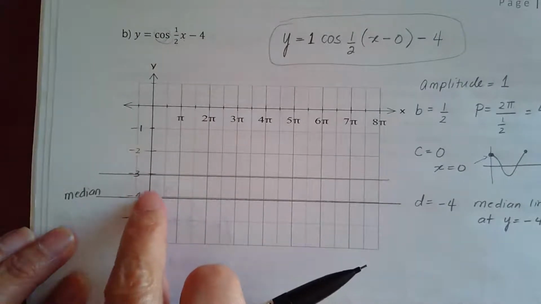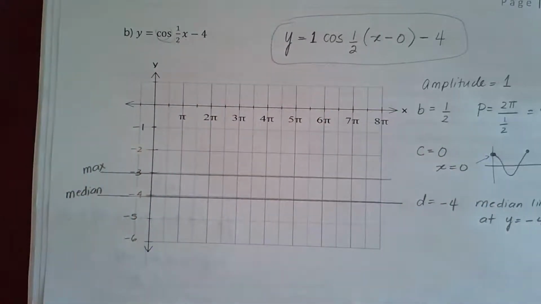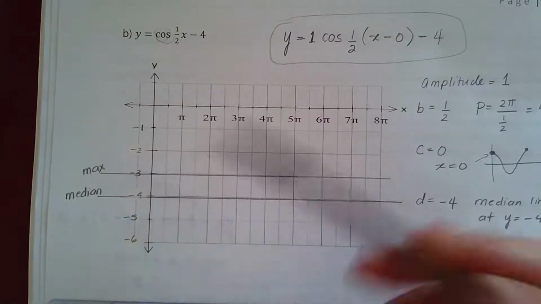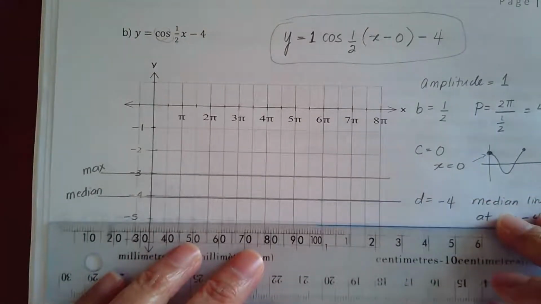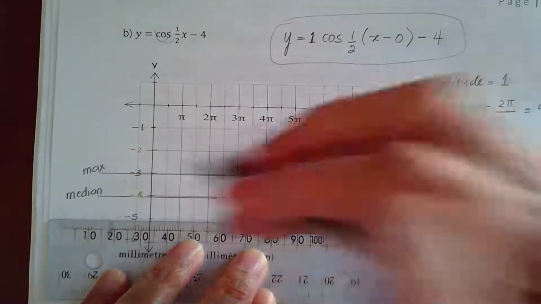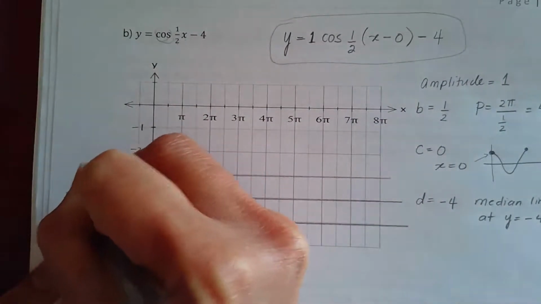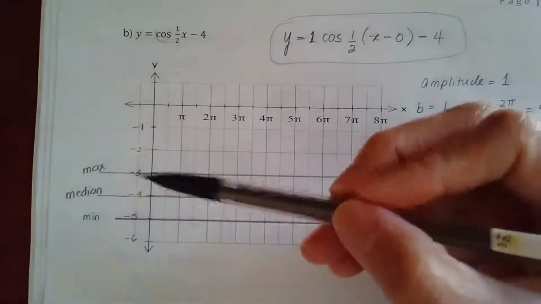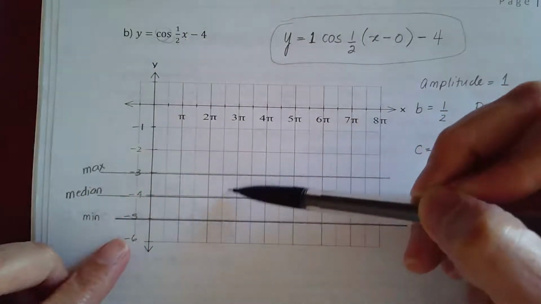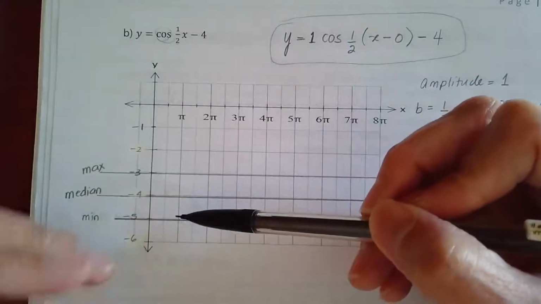Because our amplitude is 1, I'm going to go up 1 unit, and that's my maximum. So that's a great thing, we can figure out our maximum. And because here's our median and the amplitude is 1, we're also going to go down 1. Amplitude is the distance from median to max or median to minimum. So from this information we know that we're going to fluctuate between -5 and -3, going up and down. We're not going to go past that. It's going to go in between -5 and -3.